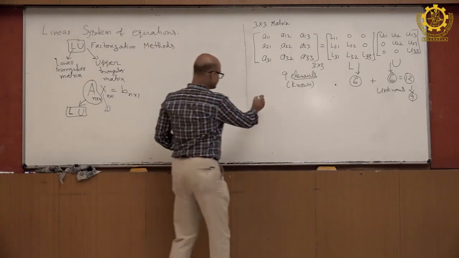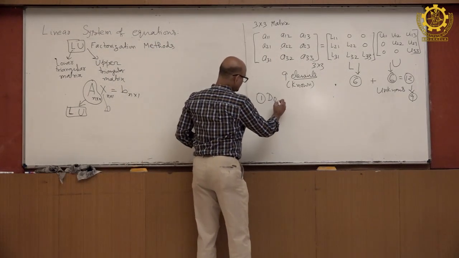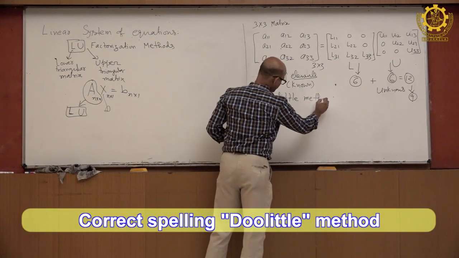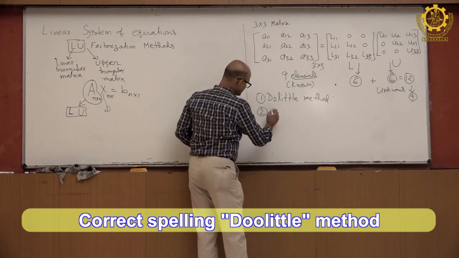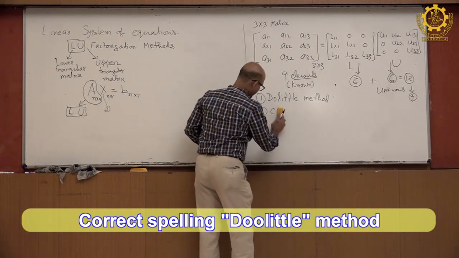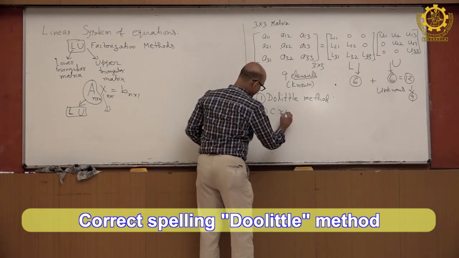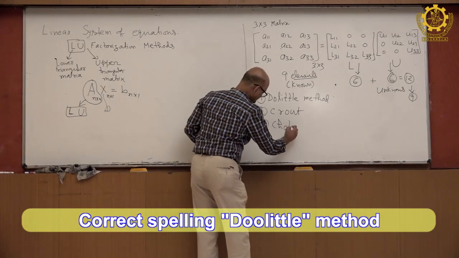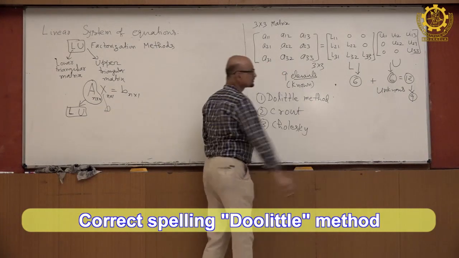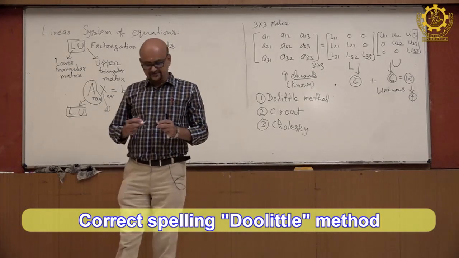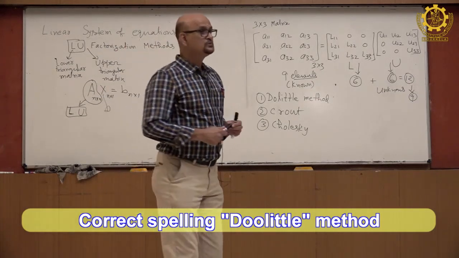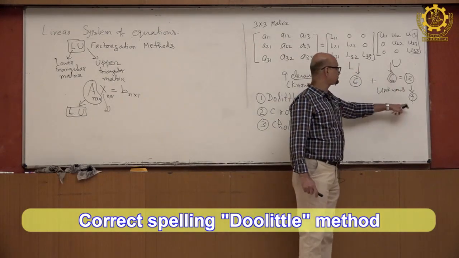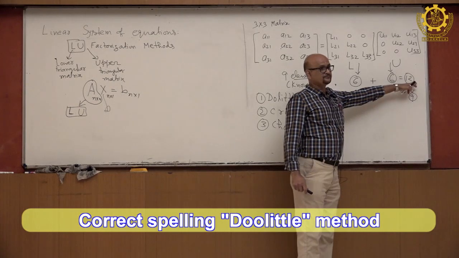Okay, first one is called Doolittle method. Second is Kraut method. Third is Cholesky. So that means first I have to factorize this A coefficient matrix to L into U, and you are seeing that I have 3 extra elements. Okay.